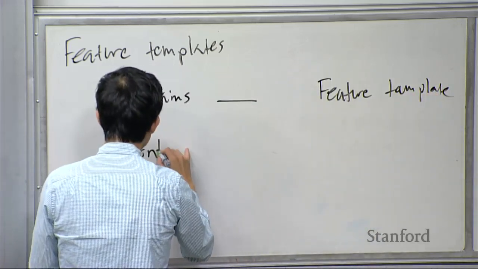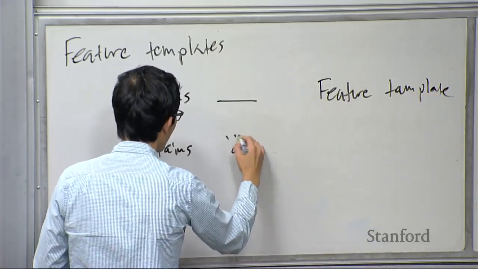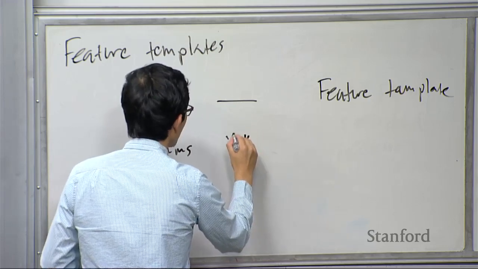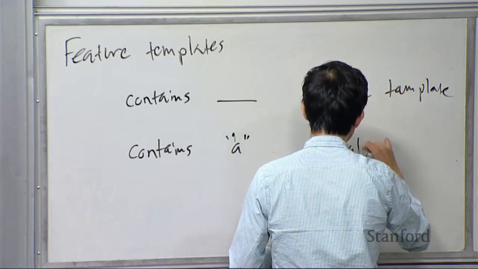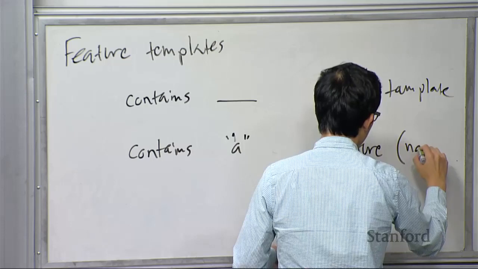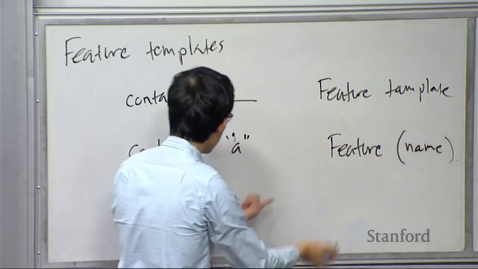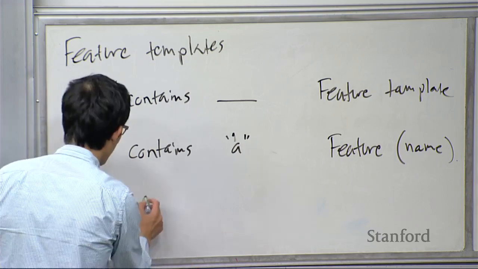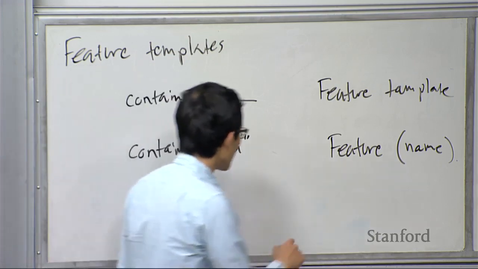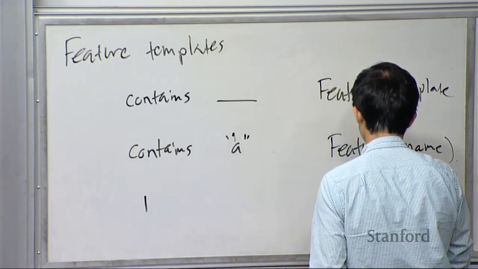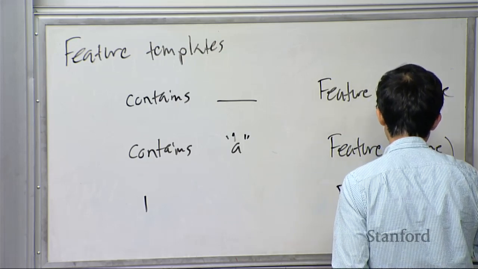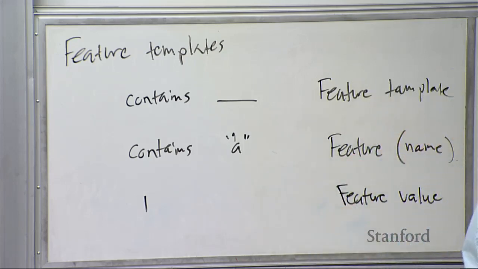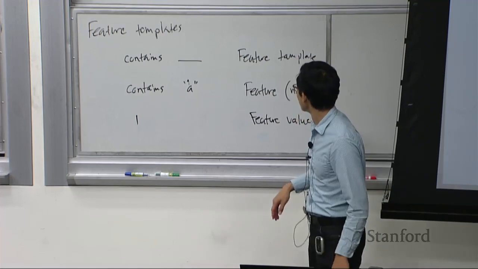This is a particular feature, contains, let's say, A. So this is a particular feature, and we're going to think about this as the name of the feature. And then whether it contains A or not, let's say it does, then it's going to be a 1. And this is the feature value. Okay, just a little bit of pedantic notation and terminology.